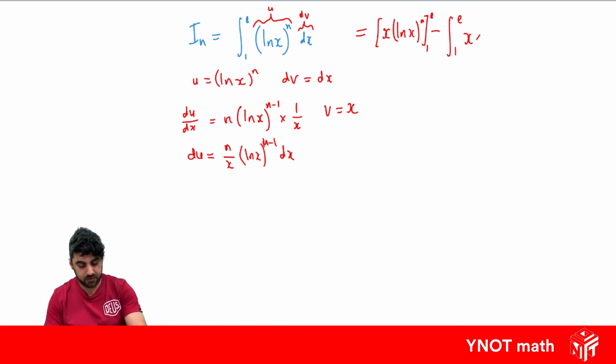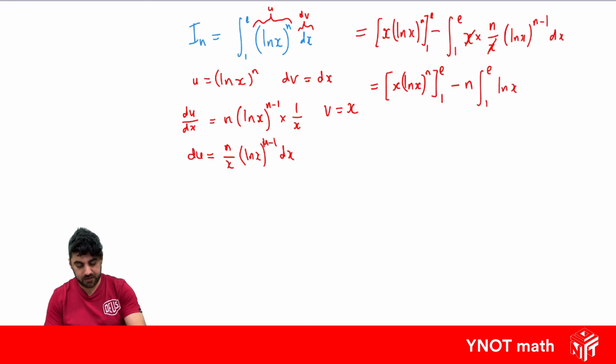All that's going in for du, so times this by n over x (ln x)^(n-1) dx. The x's will cancel out here. So we get x times (ln x)^n from 1 to e, minus, the n can come to the front, the integral from 1 to e of (ln x)^(n-1) dx.